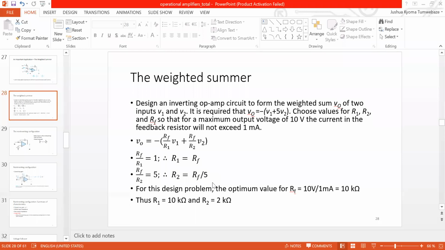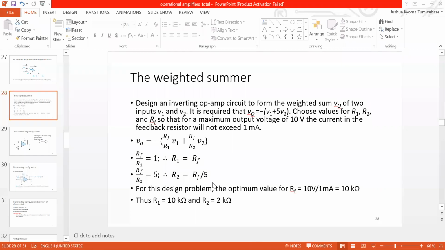So in this design problem, we have 3 unknowns. When you meet such a problem, in most cases, you'll set one value, and that one value will set all the other values.